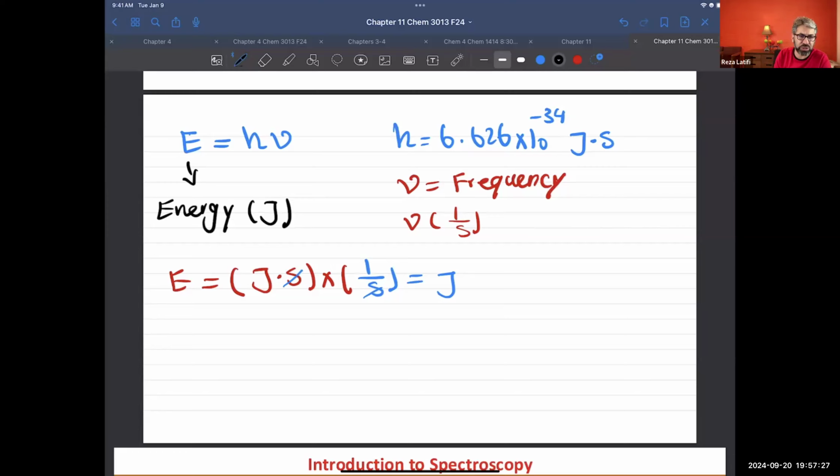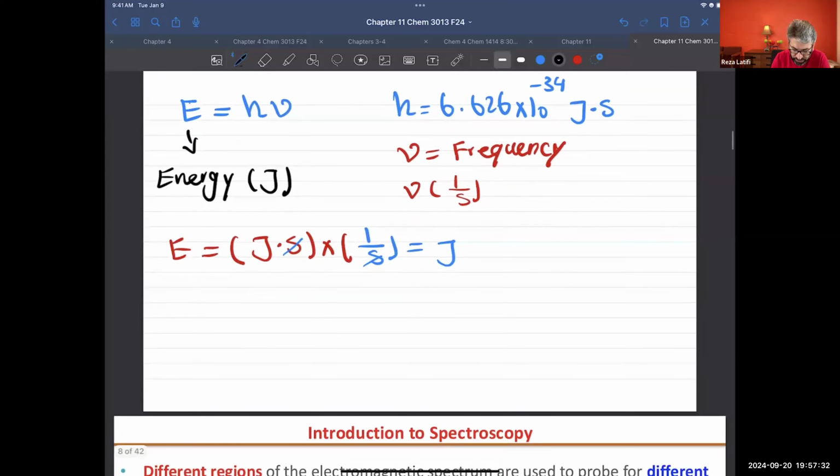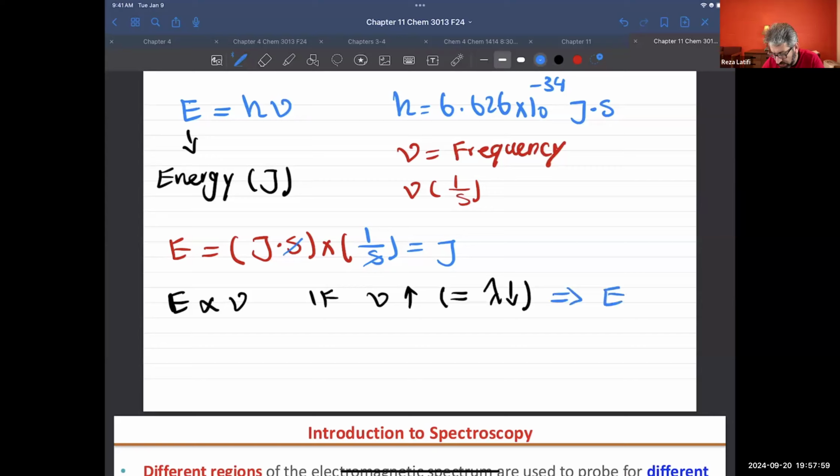Again, what's the relationship between frequency and energy this time? Energy is directly connected to frequency. Sorry, I said wavelength, my bad, frequency. What does it mean? It means if frequency goes up, which is equal to dropping the wavelength, that's going to increase the energy.